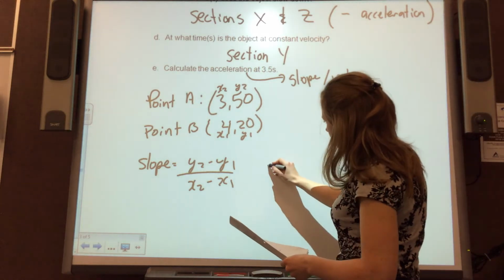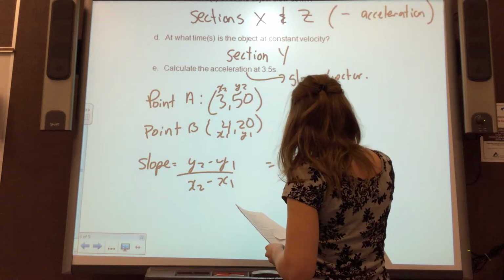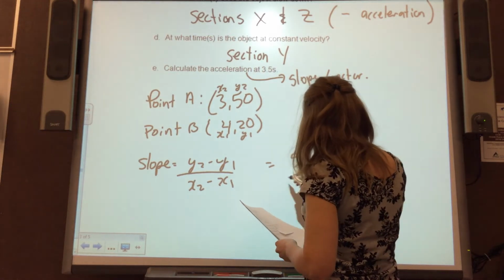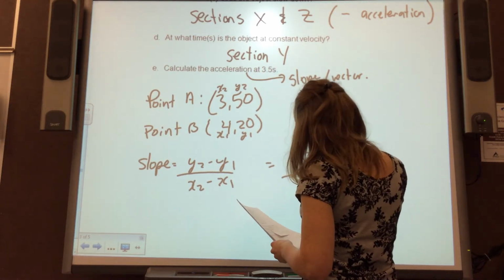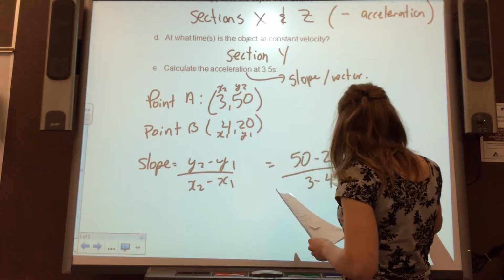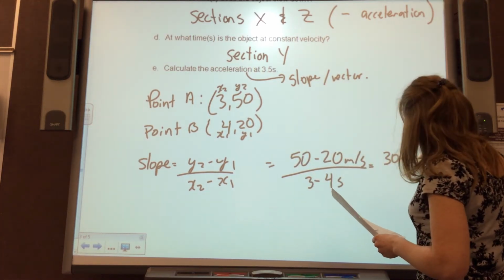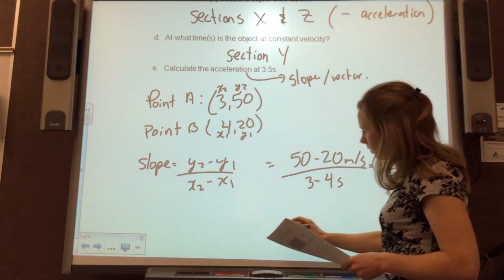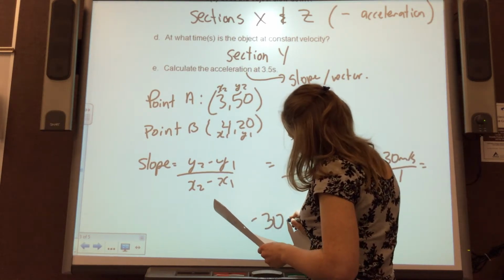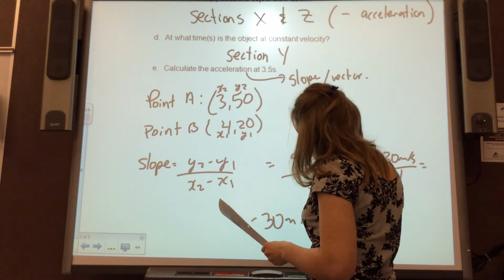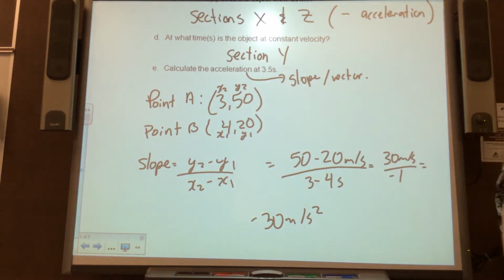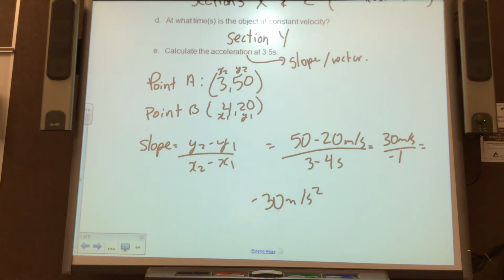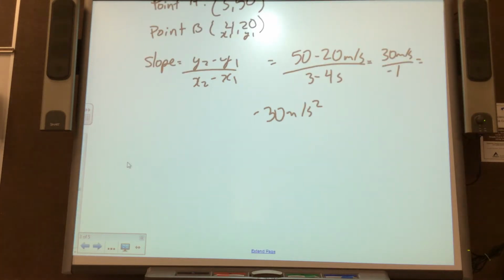Okay, so (50 minus 20) meters per second divided by (3 minus 4) seconds is equal to negative 30 meters per second squared. You get this in there?